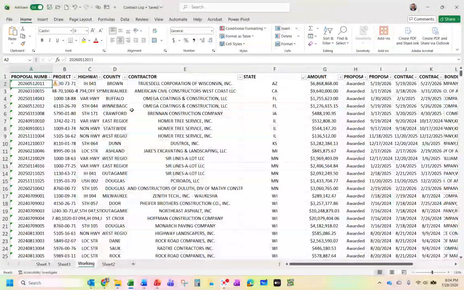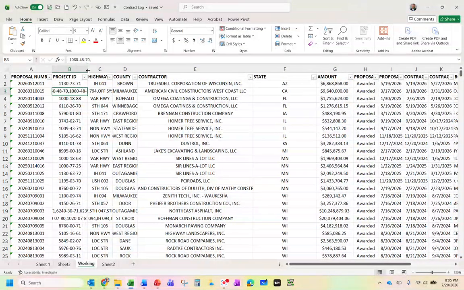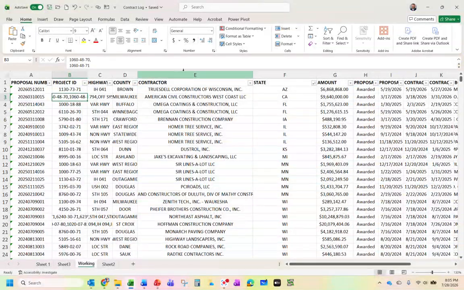This was my contracts. So the proposal number. If I wanted to look things up by the project ID or the proposal number, in this case I would use the project ID, because that's assigned by the state or whoever created the project. That's going to be the unique identifier. And some of them have two. This one's 70 and 71.